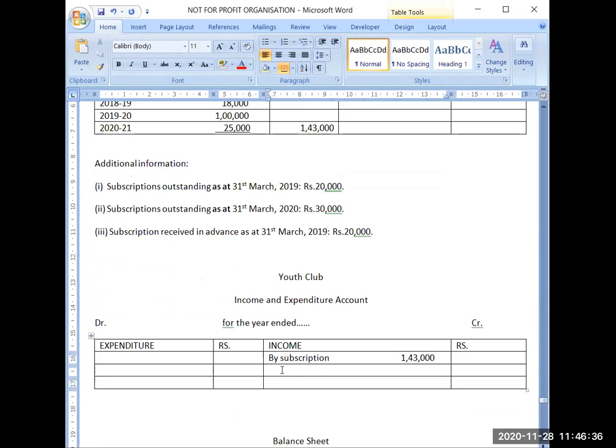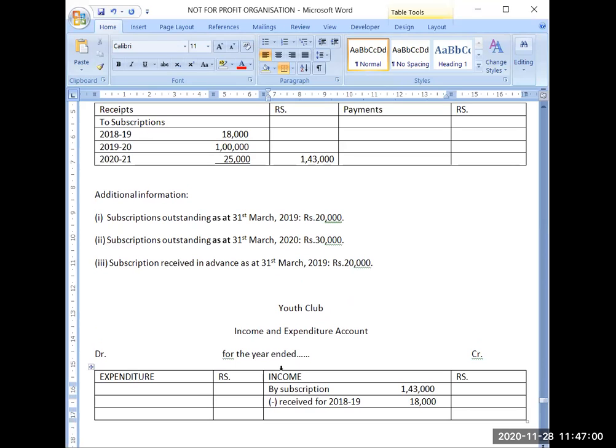Then I will subtract received for 2018-19. It is 18,000 we have received. You can see in the question.